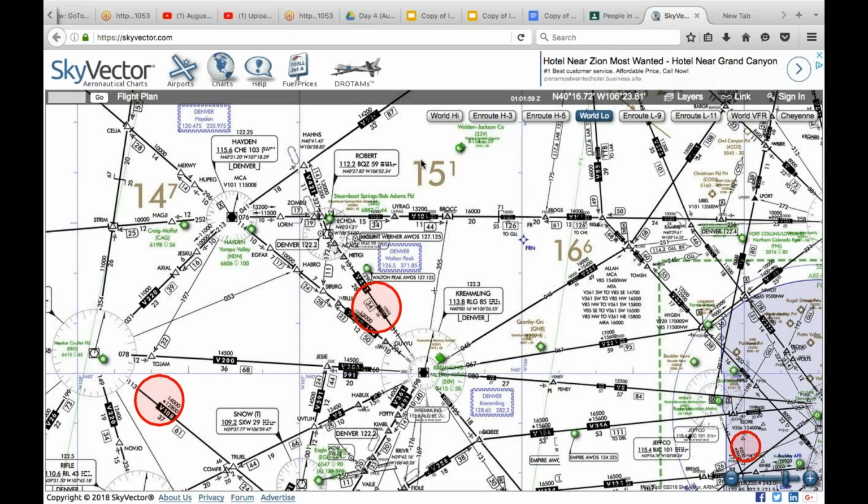Again, mountains cause problems for us, so sometimes you have to be at a minimum altitude to receive the VOR signal. Do you see any of the MRAs? I may have to go back. MCAs.